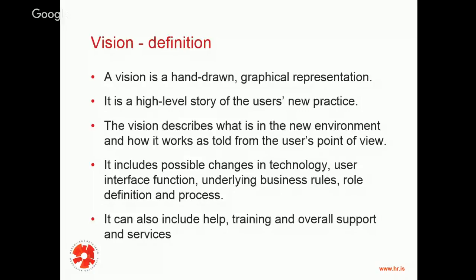But remember that this should be the whole vision of the whole system, not just one user goal or one user group. It should be for all the user groups. We are now going to make this app for many people, and it should describe the whole thing. It could also include help and training and everything.